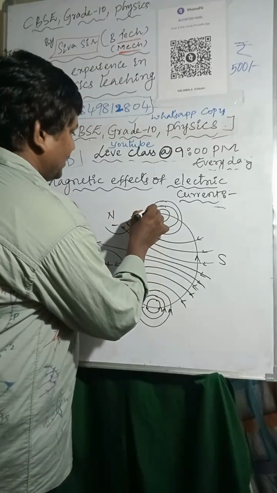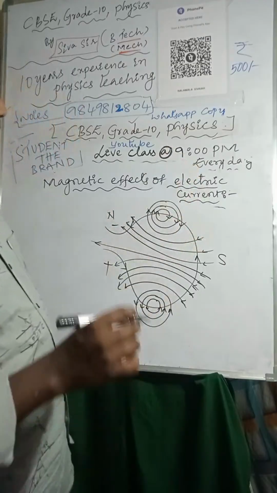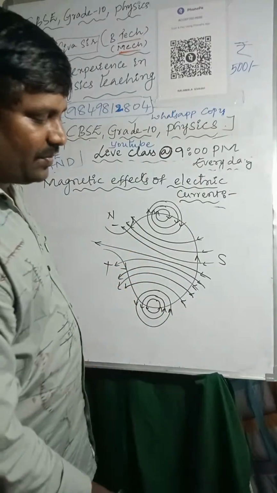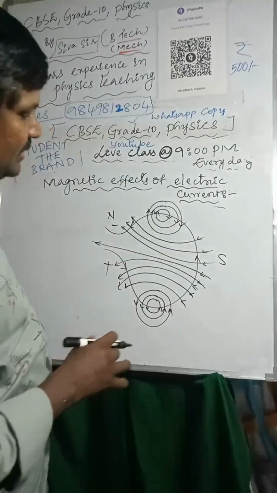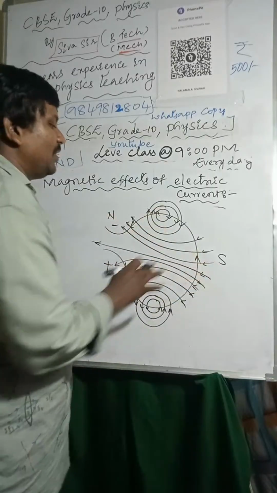Leaving, reaching. Like that we can identify the magnetic field, right? So we can see the magnetic field. Now this is a north pole, this is a south pole.